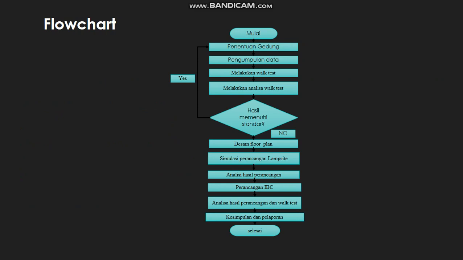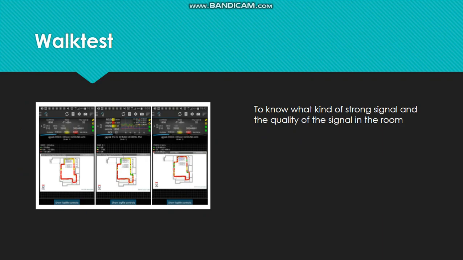First, in this part, the walk test. The walk test is how to know the strength or quality of the signal in the room. We do it after we build the IBC, because we must know how good the signal is in the building.